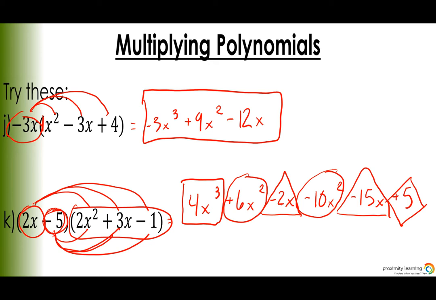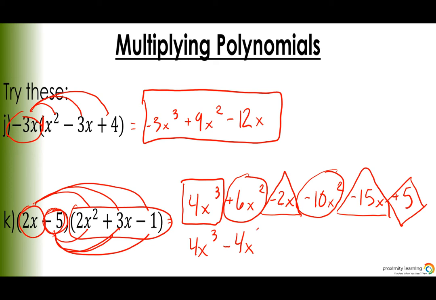Now we're going to add all the same shapes. Looking left to right, there's only one square. He gets to be rewritten. Looking at all the circles, plus 6x squared minus 10x squared. Positive 6 minus 10 gives us a -4.